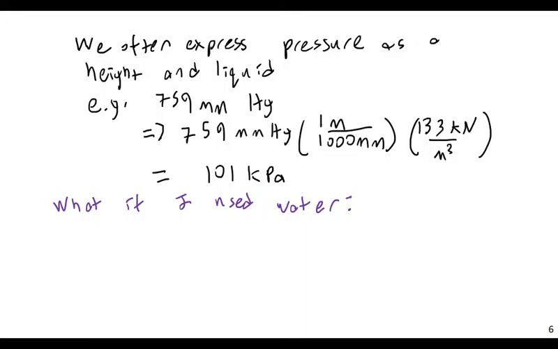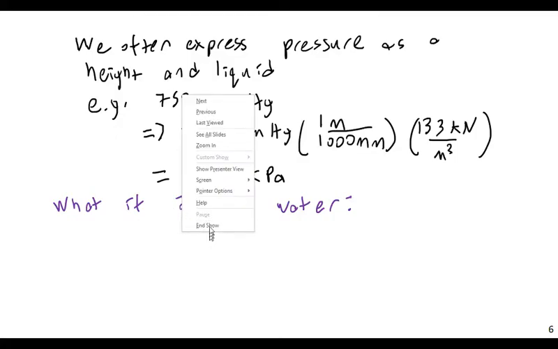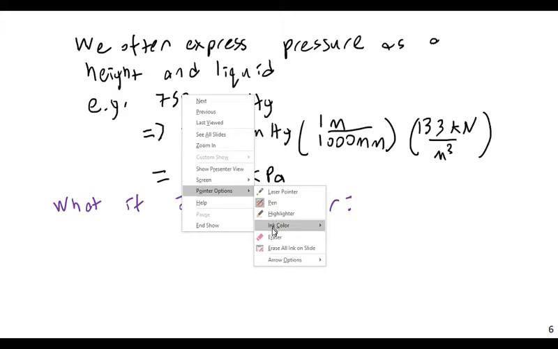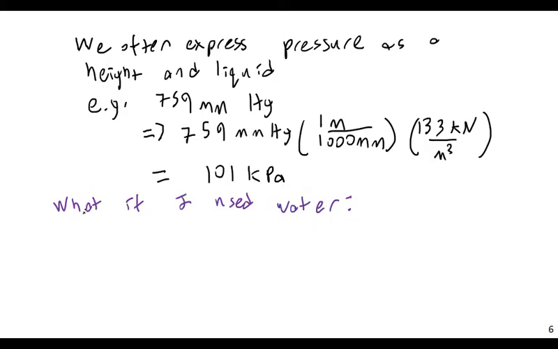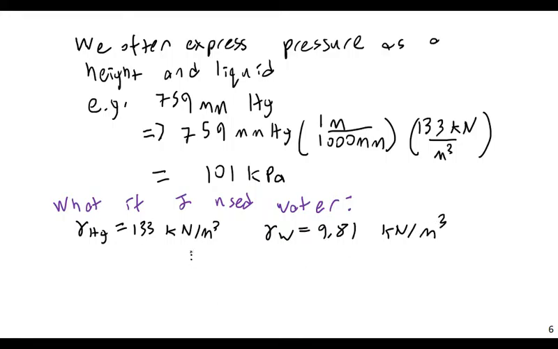And if you spill it, then you've got to call the hazmat crew, right? So maybe, what if I want to use water instead? Well, let's see. Gamma of mercury is going to be 133 kilonewtons per cubic meter, and the gamma of water is going to be 9.81 kilonewtons per cubic meter. It's going to be the same pressure though.